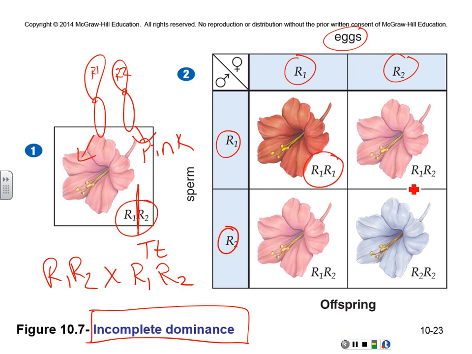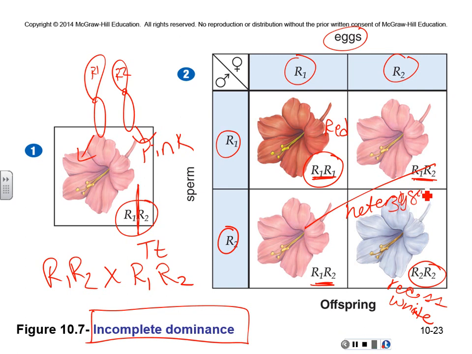So this plant is red, these two are pink, and this one is the recessive white. So what do you notice? If you have two R1s, you're red. If you have R1, R2, meaning you're heterozygous, you're pink. And if you're recessive, R2, R2, you're white.